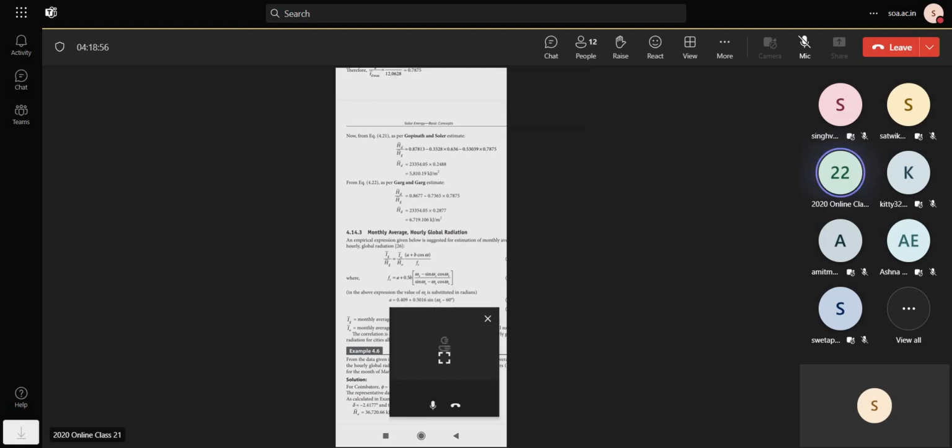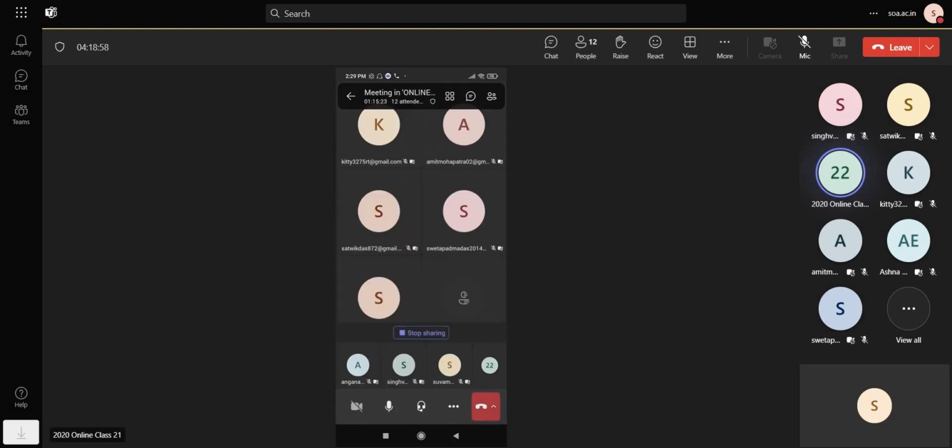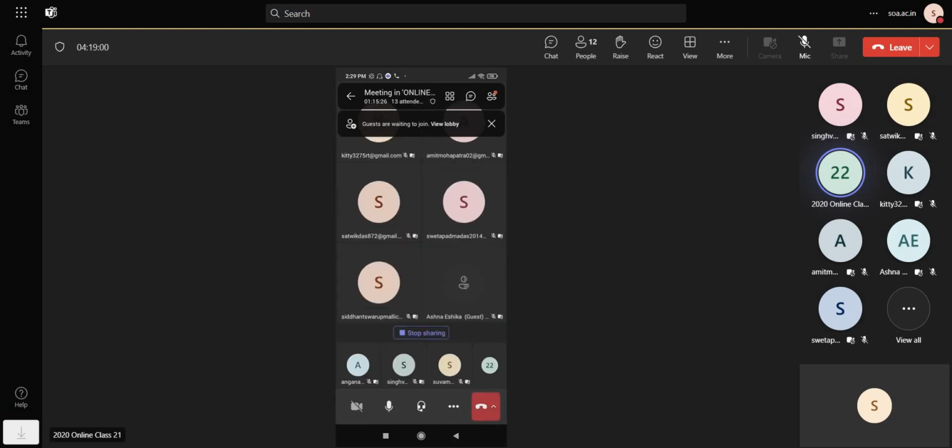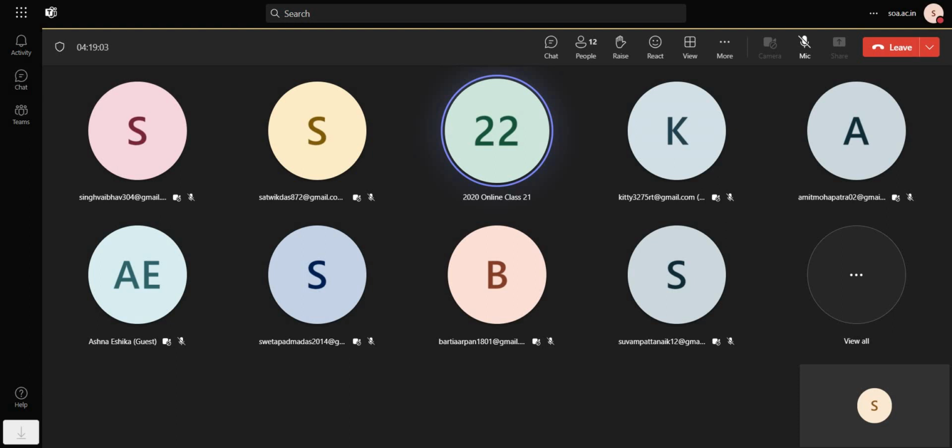I am just forwarding the numericals answer. मैं कल भूल गया, मैं थोड़ा स्क्रीन शेयर बंद करके न्यूमेरिकल जो था उसका सॉल्यूशन भेज रहा हूँ आपको. जस्ट 1 मिनट.